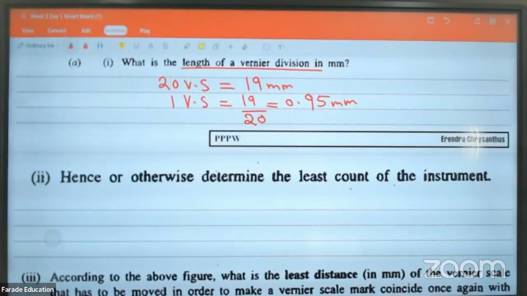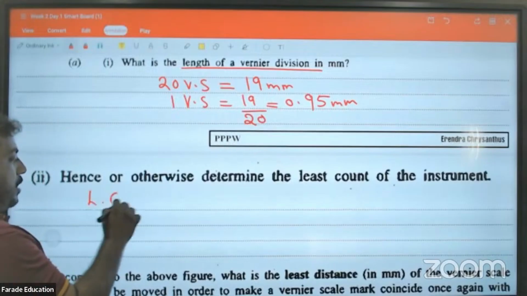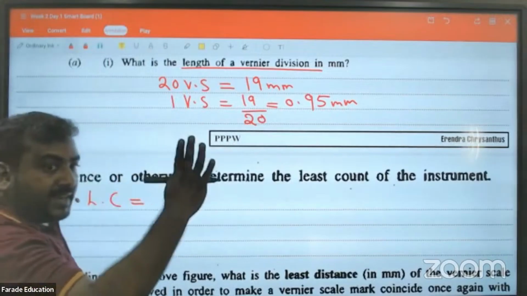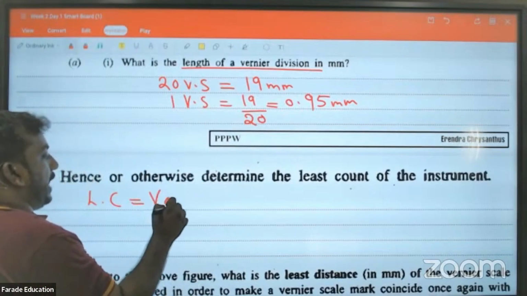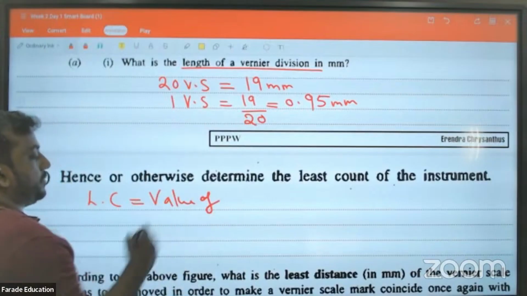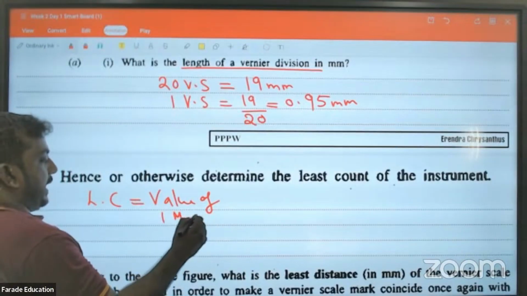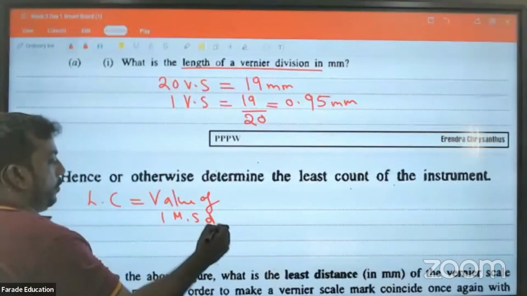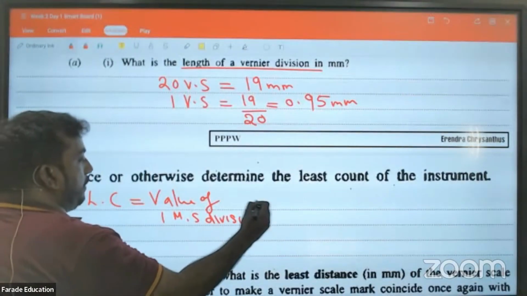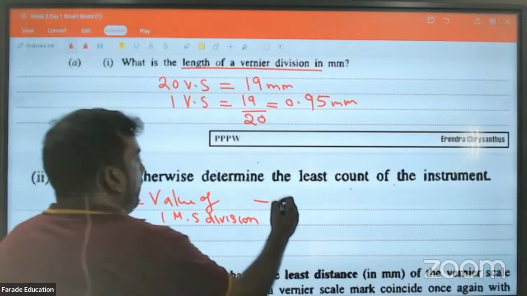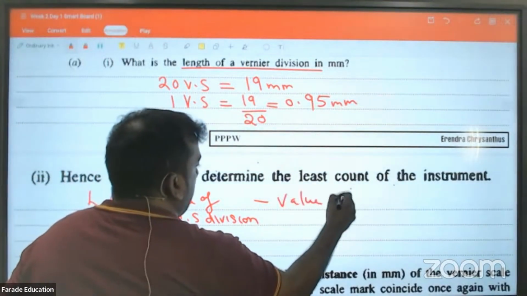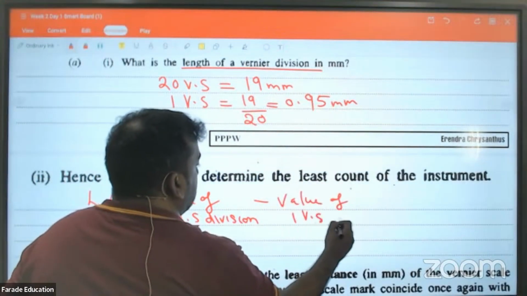Determine the least count of the instrument. The standard equation: least count is the value of one main scale division minus the value of one vernier scale division.